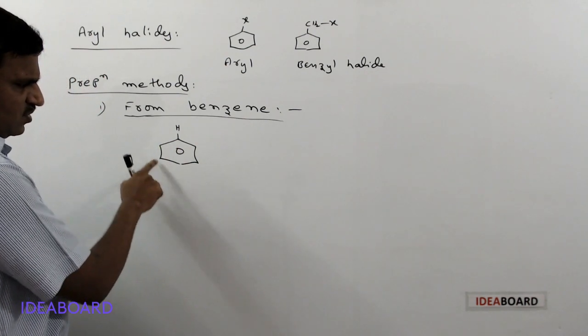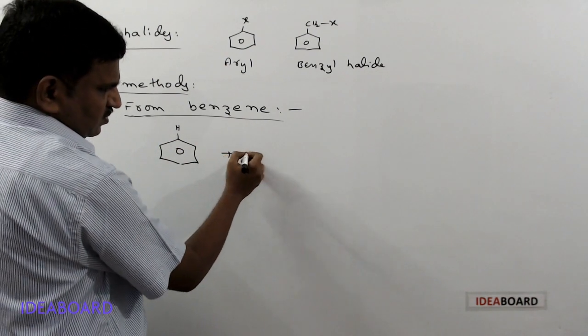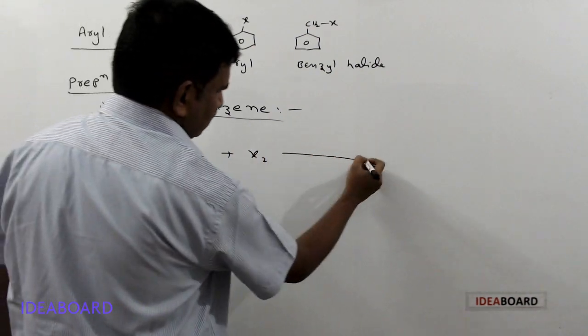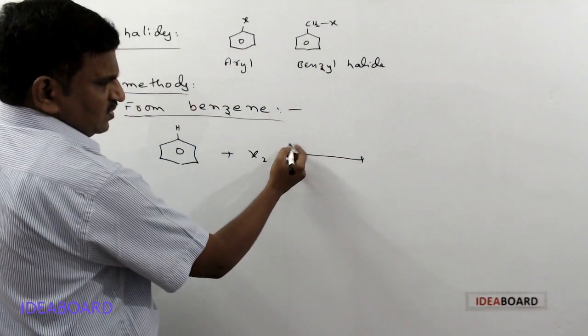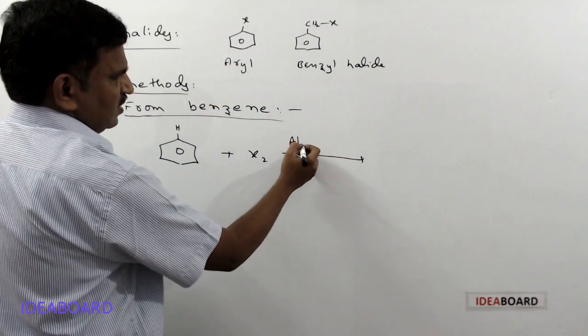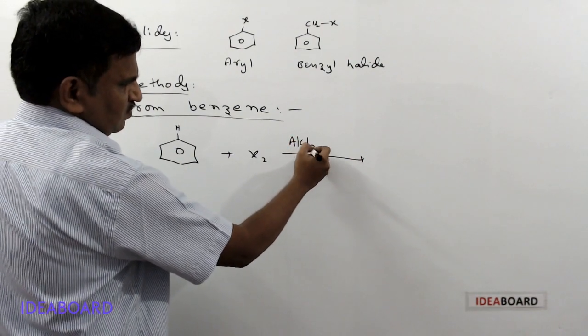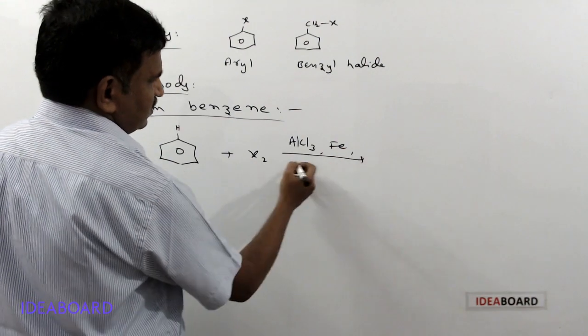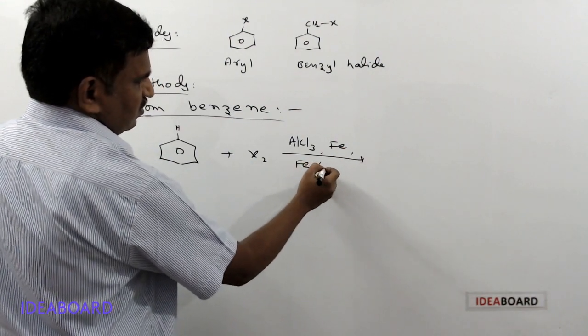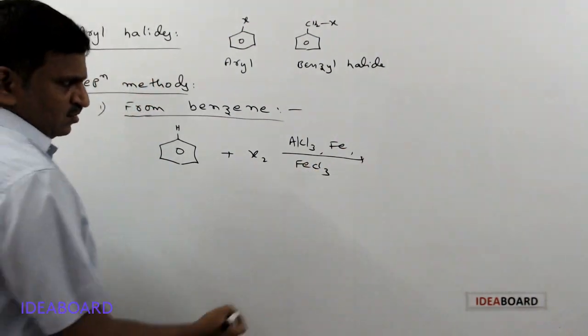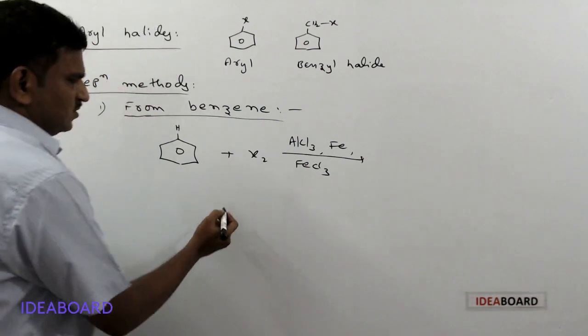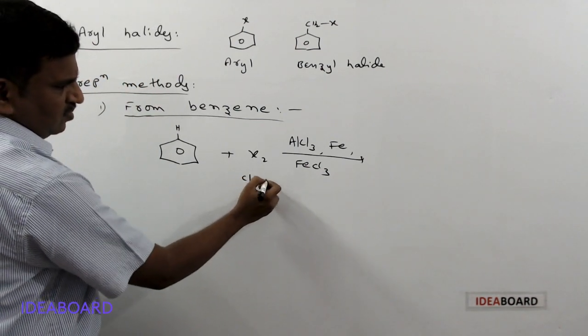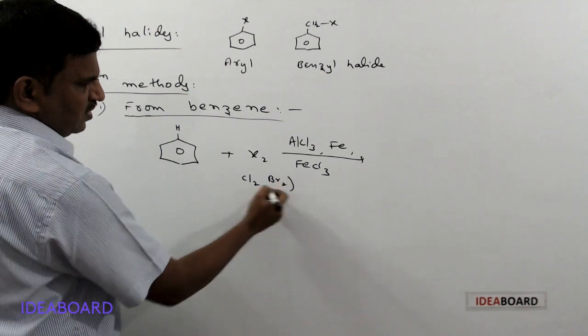All carbon atoms are having hydrogens, and this is reacting with a halogen in the presence of a Lewis acid like AlCl3 or Fe or FeCl3. Any of this Lewis acid is taken, and in the presence of this either chlorine or bromine we are using mainly.